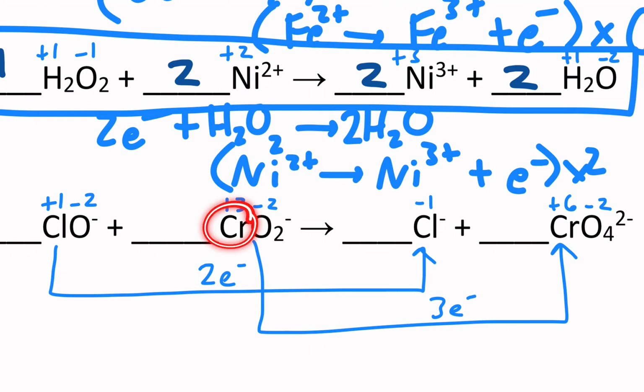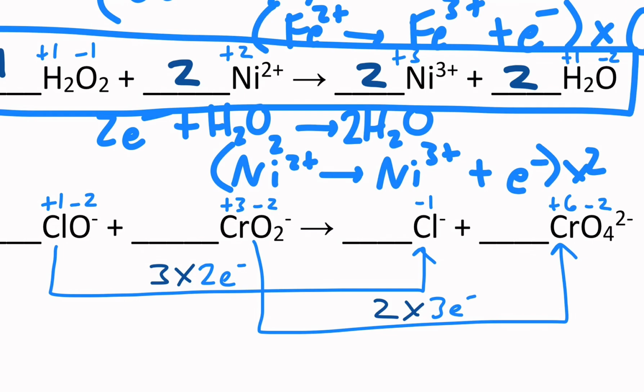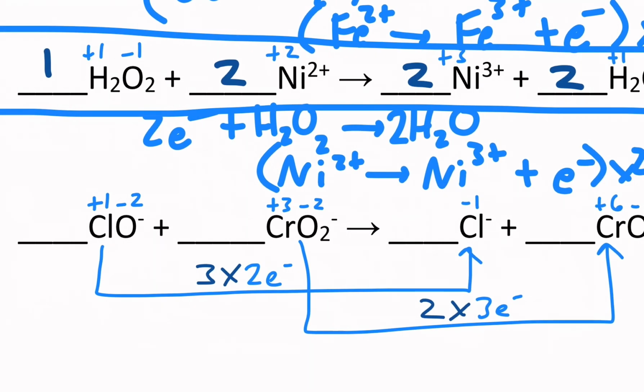Likewise, 1 chromium of +3 becomes 1 chromium of +6. It changes by 3. So now I can picture in my head these half reactions with a 2 electron in one and a 3 electron in the other. That must mean I'm going to have to triple the chlorines and double the chromiums. And there, that becomes my coefficients. So I put 3s in front of everything with chlorines and 2s in front of everything with chromiums.